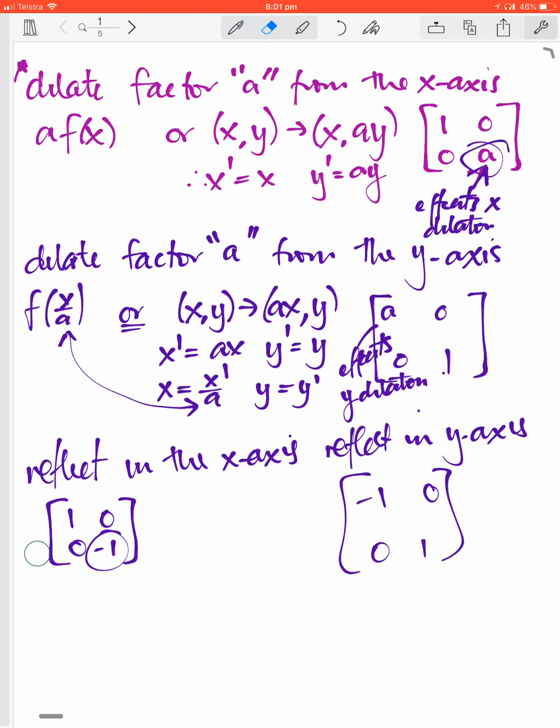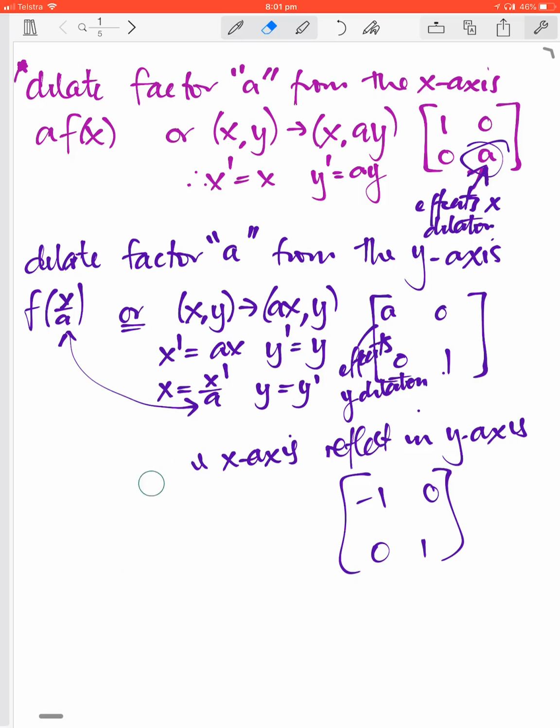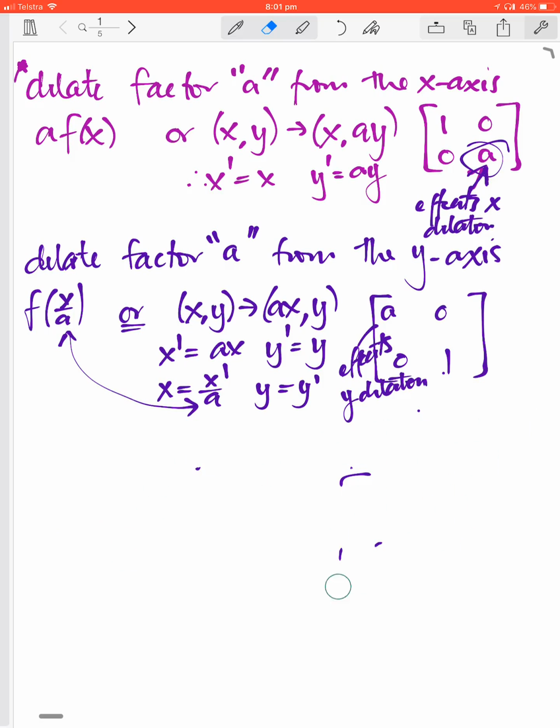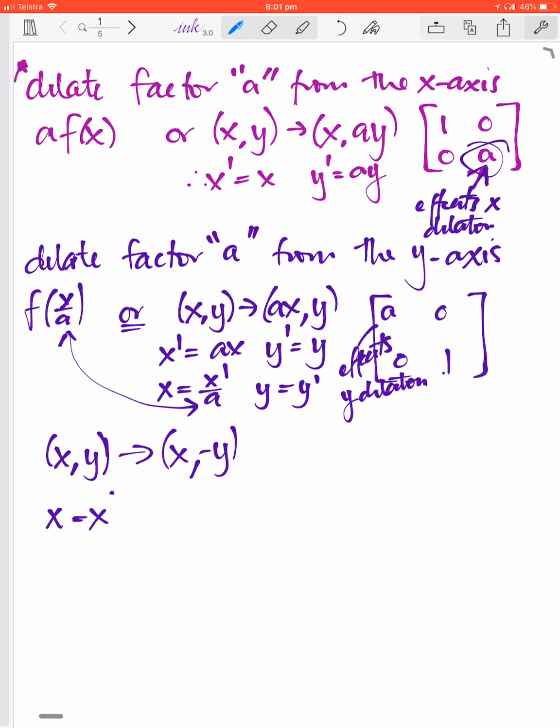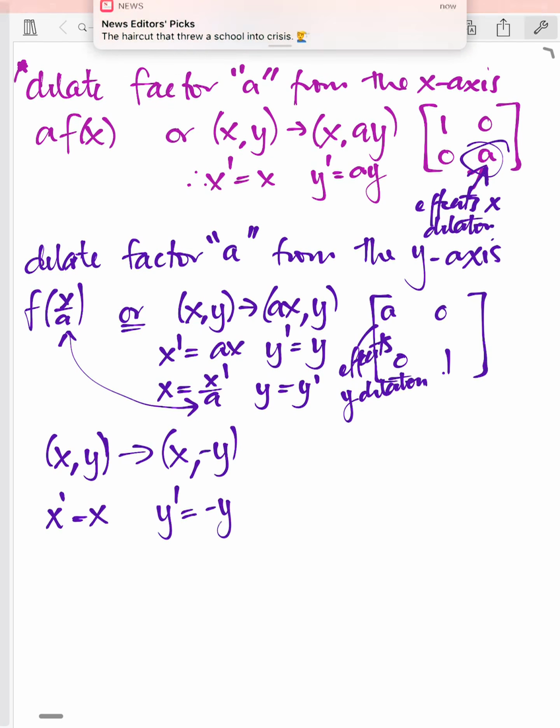And likewise, if you had to do a question using the image stuff, if you reflect in the x-axis, (x, y), well, all of your y values become negative. So it's (x, negative y). So we're going to get x dash equals x, y dash equals negative y.